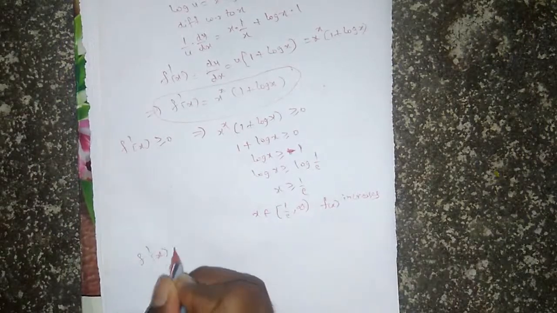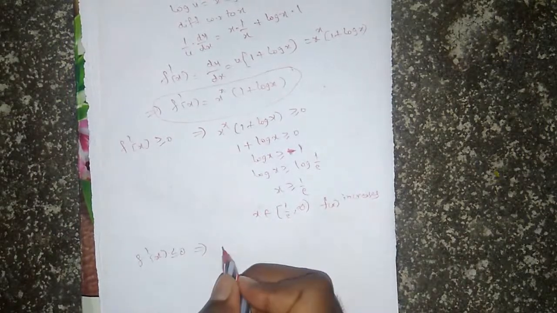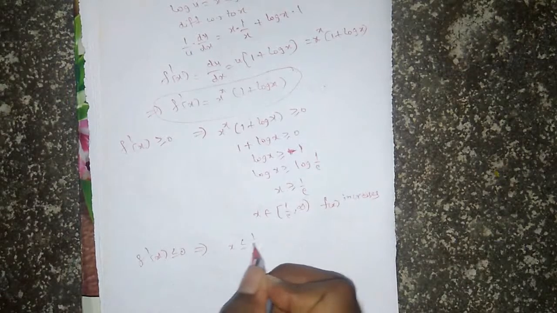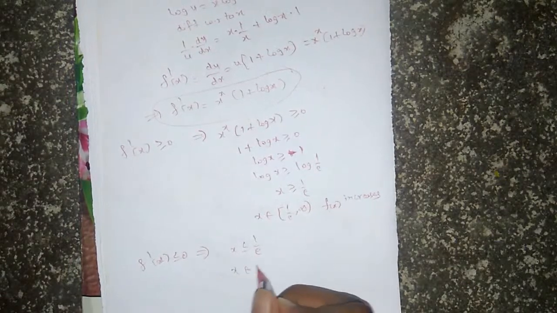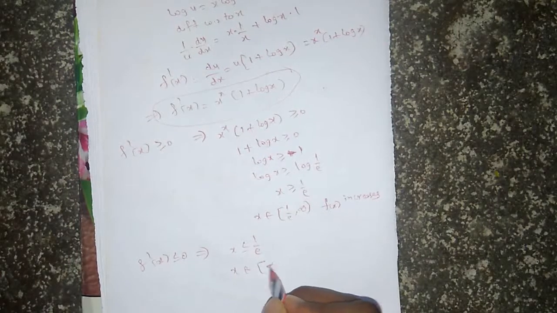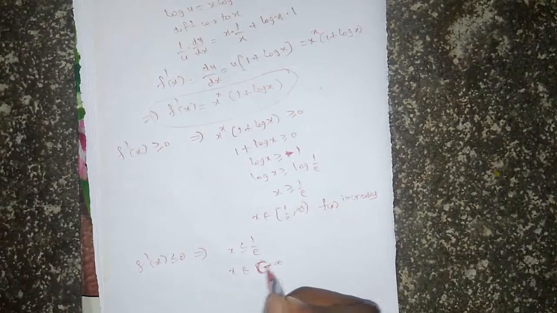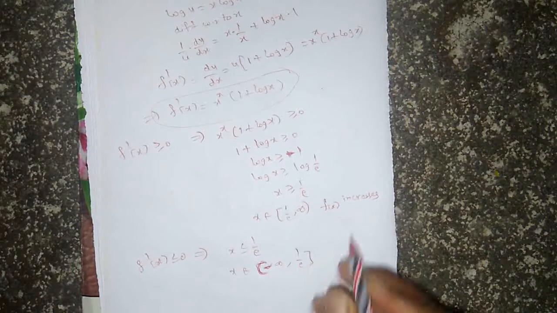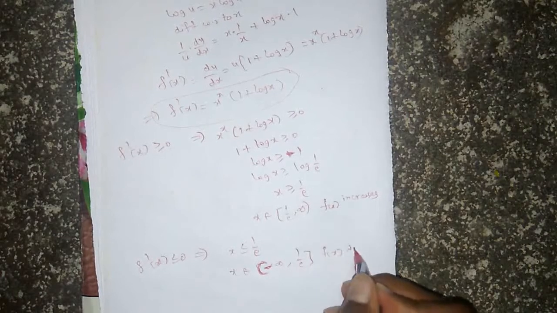Similarly, f dash of x less than or equal to 0 gives x less than or equal to 1 by e, that is x belongs to (minus infinity, 1 by e], in which f of x decreases.